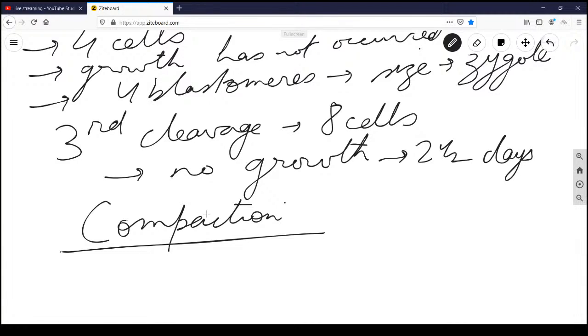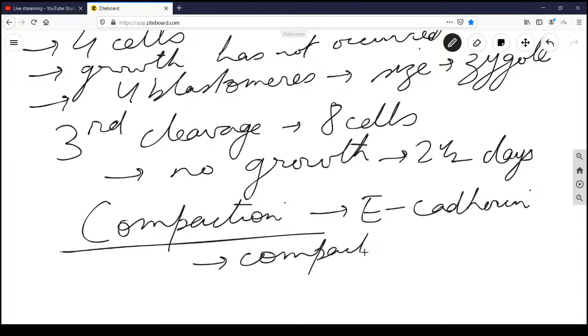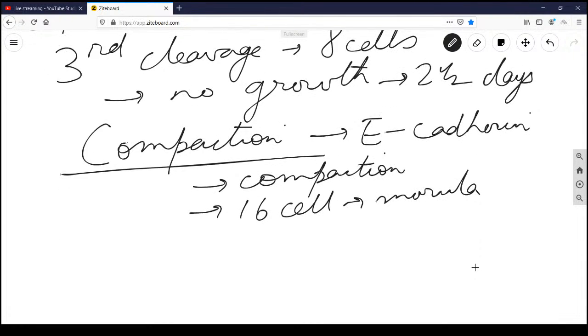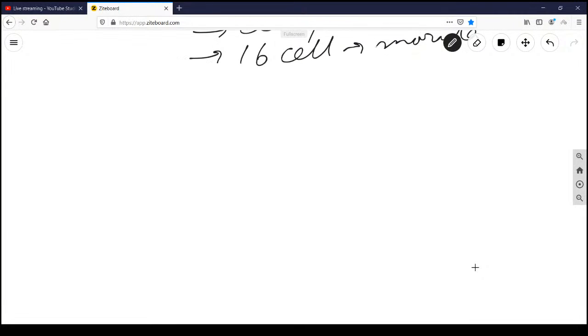The embryo will undergo compaction, E-cadherin expression that we had already talked about, and this will lead to the formation of the 16 cell stage known as the morula. Now the morula will be produced. After that we will have blastocyst formation, then hatching, then implantation.